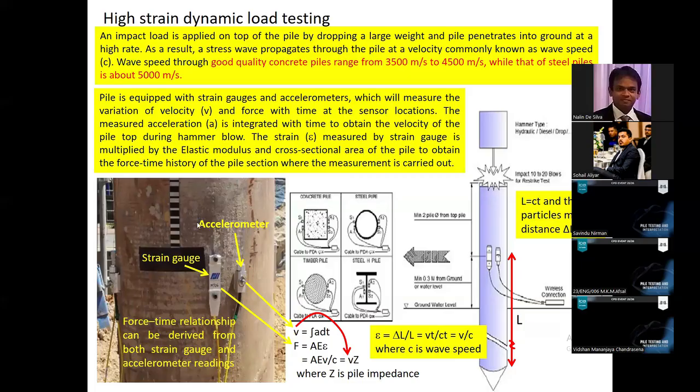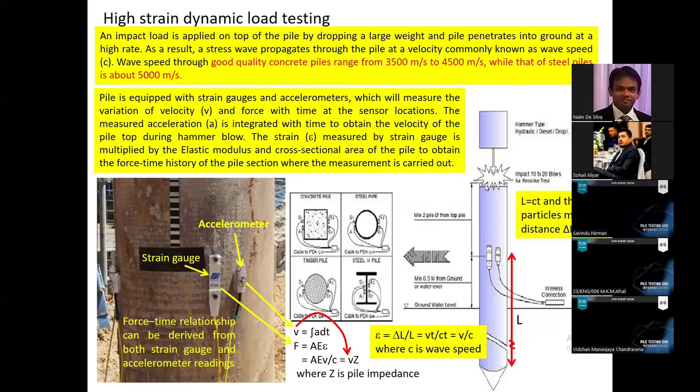So high strain dynamic load test is again, the idea is sending a stress wave and detect the response. So the difference between the high strain dynamic load test and the PIT test. PIT test is also, the principle is quite similar.